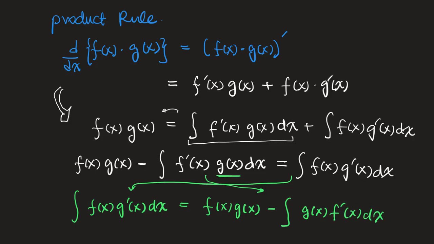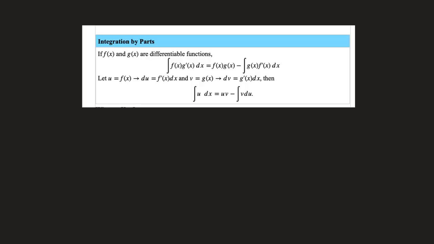We call this integration form integration by parts. From the previous slides, I introduced what integration by parts is: it comes from the product rule, taking the integral of both sides.